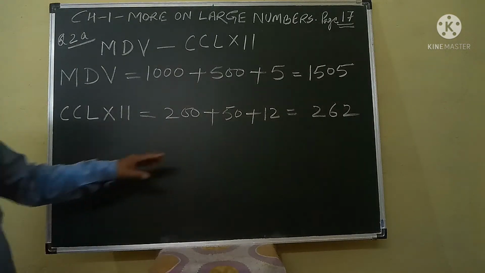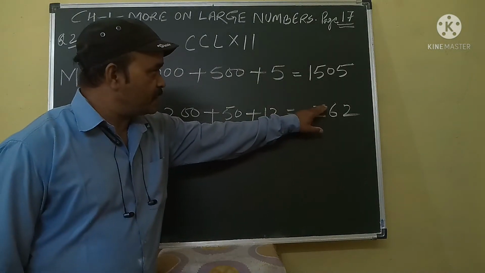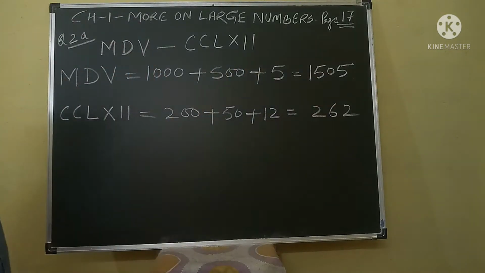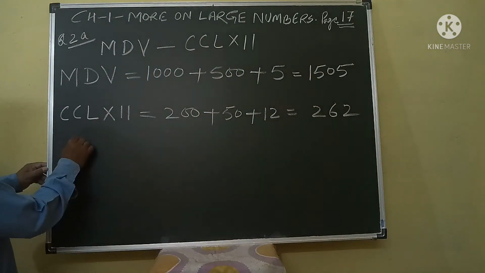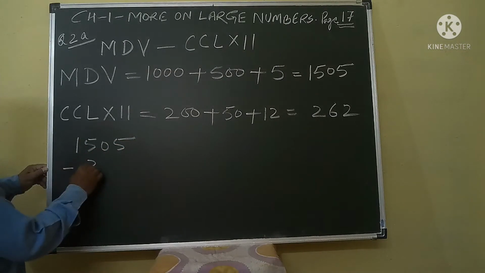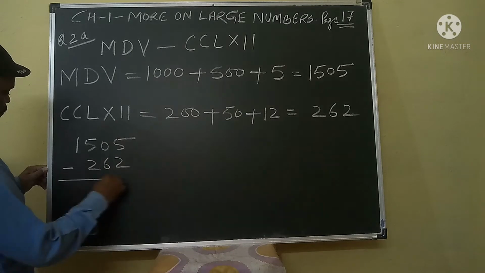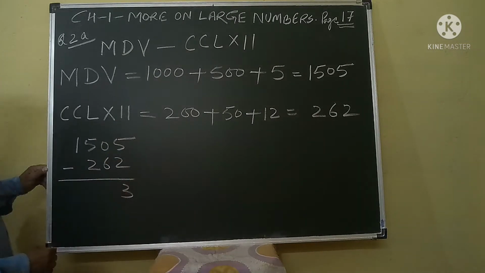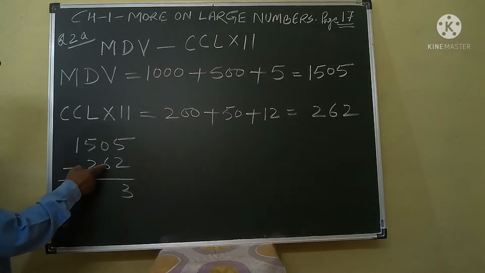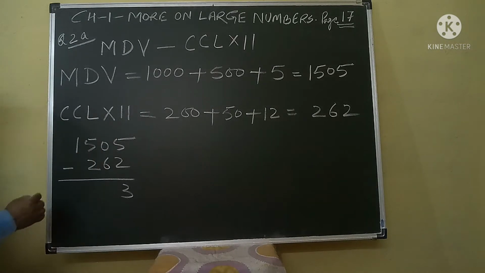Then we can subtract 262 from 1505. Look here. 1505 minus 262. 5 minus 2, 3. This is 6, this is 0. We cannot subtract 6 from 0, so what will we do?